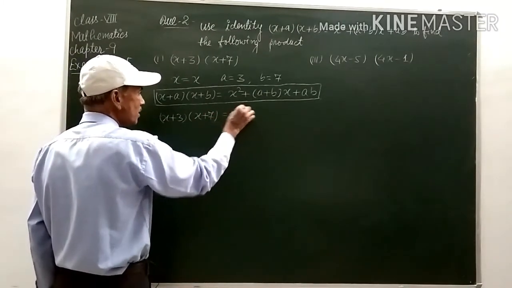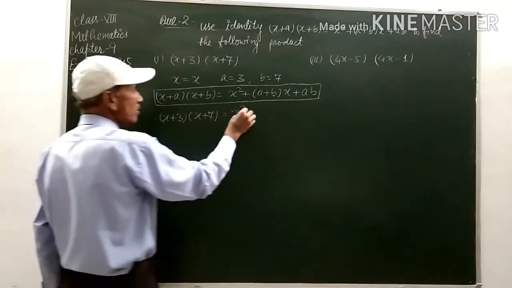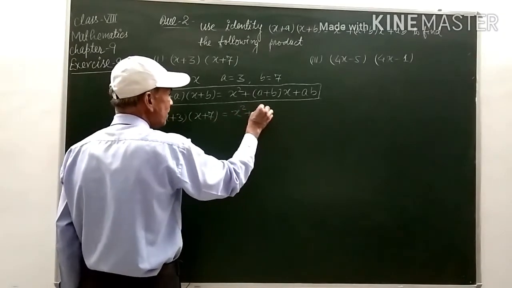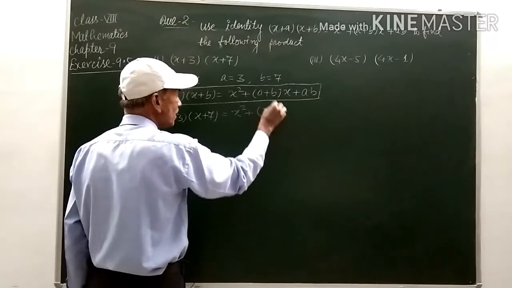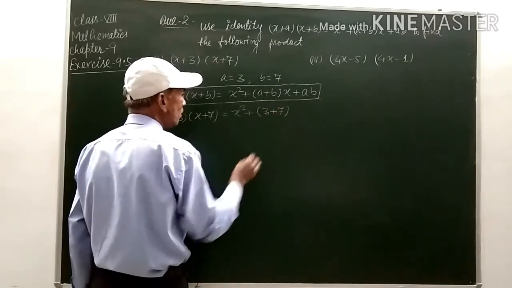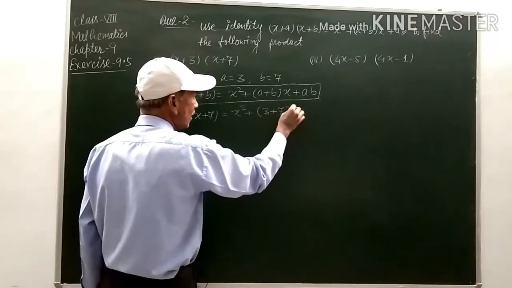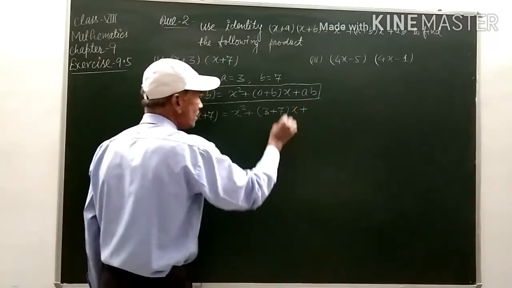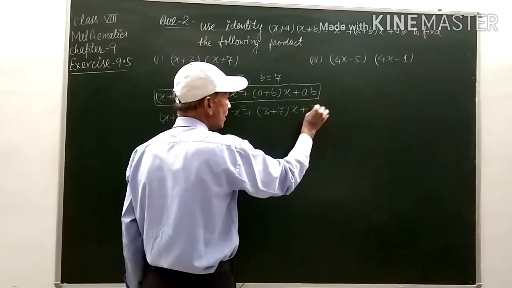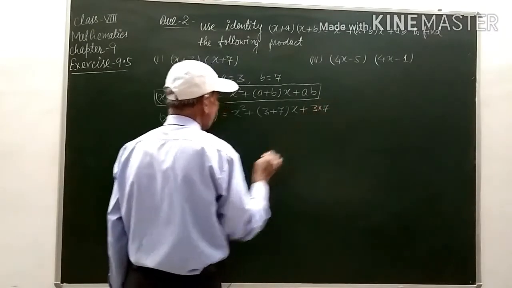(x + 3)(x + 7) = x², because in place of x there is x, plus a means 3, and b is equal to 7. So a + b, that is 3 + 7, into x, plus a into b, 3 into 7.